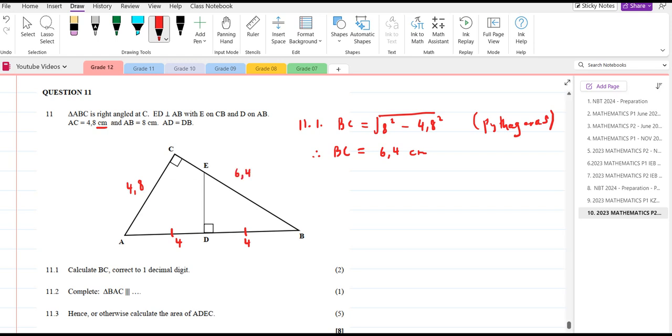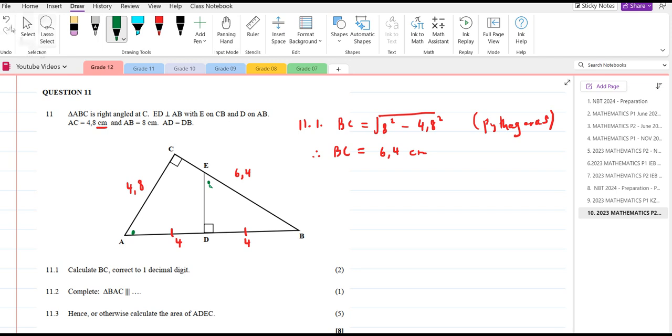Nice. Complete: triangle BAC is similar to triangle BED. Remember, angle E is equal to angle A, because that will be the third angle.